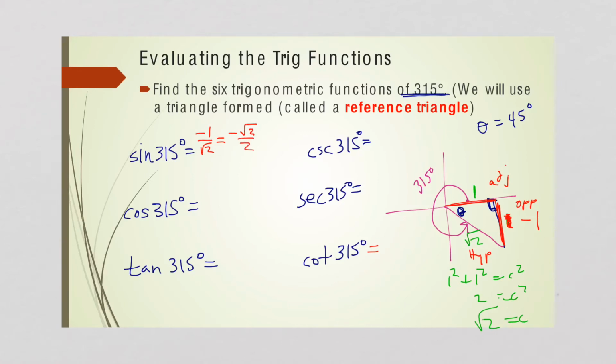Cosine is 1 over the square root of 2, which is positive square root of 2 over 2. Tan is opposite over adjacent, so negative 1 over 1, which is negative 1. Cotan is the reciprocal of that, so 1 over negative 1, which is still negative 1. Let's make this look a little better.